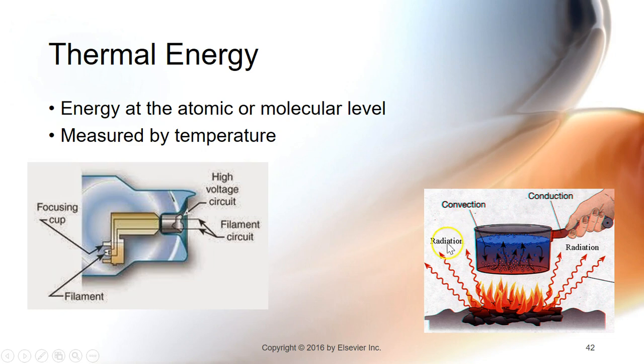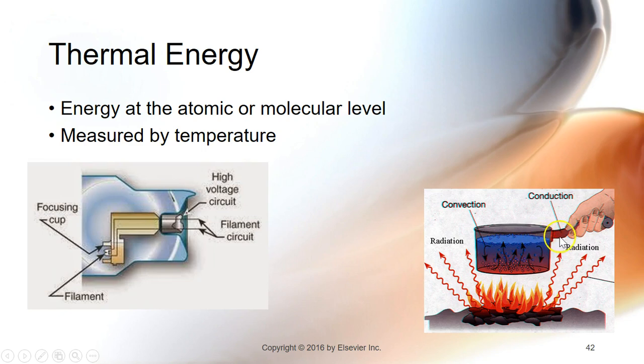Now, if you think about thermal, let's look at this one first. We're heating a pot of boiling water. So this is a fire. Now, this is not the same kind of radiation that we get from an X-ray tube, but it's still radiation, and that radiation of heat is making this get hotter, and so this is the convection where it starts boiling, and then it conducts it into this handle.